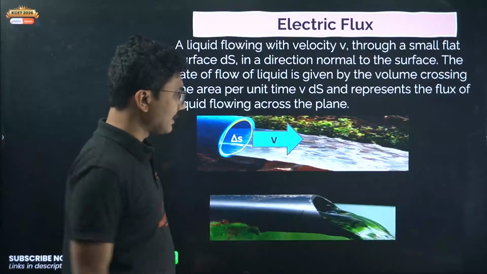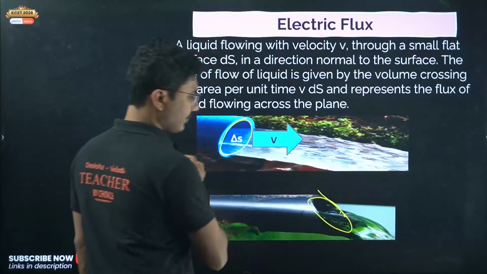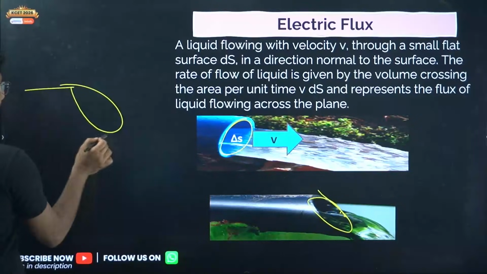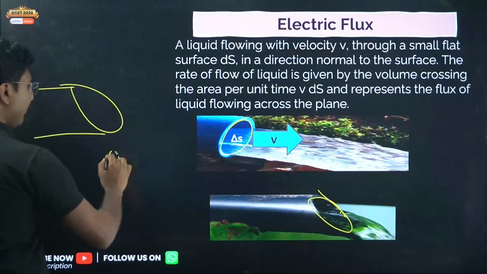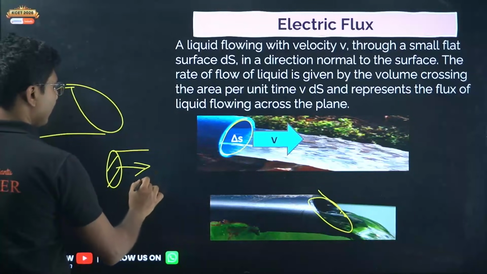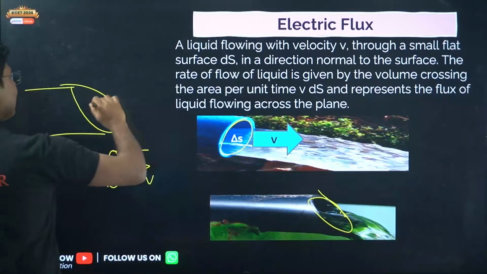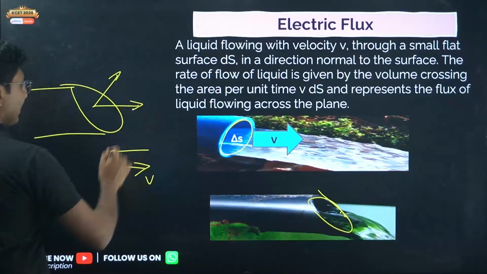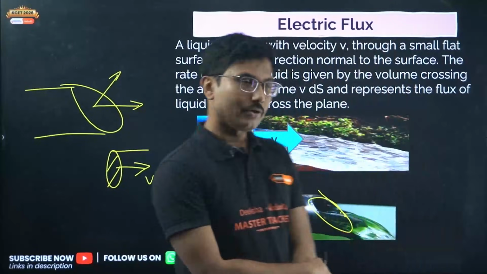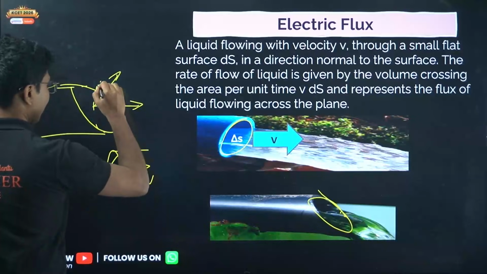Now in some cases the surface is not flat, it is a curved surface like this. If it is simply flat, you can take the whole surface area and multiply with v. But if it is not flat, what is the effective area? You cannot take the entire area, because even though liquid is coming out, you have to take the effective area, which is basically this one.